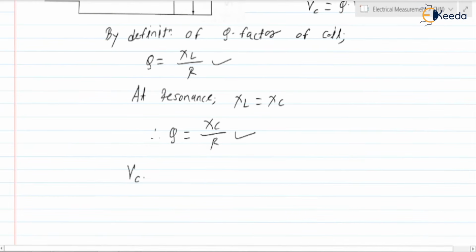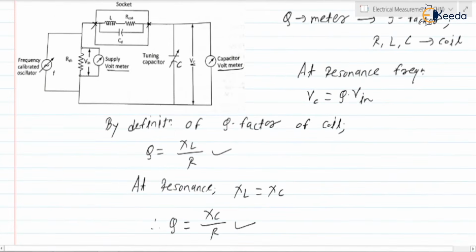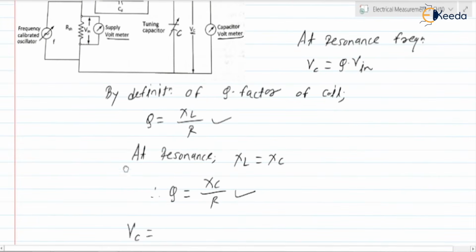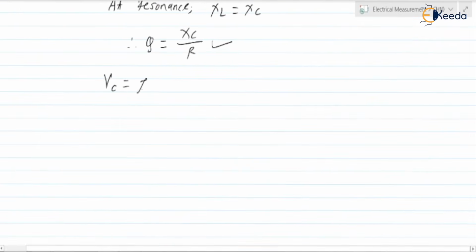Next, we know Vc is equal to the current in the circuit I into the capacitive reactance XC, so Vc is equal to I into XC. What is the current I? Current I is the input voltage V in divided by the total impedance, into XC.